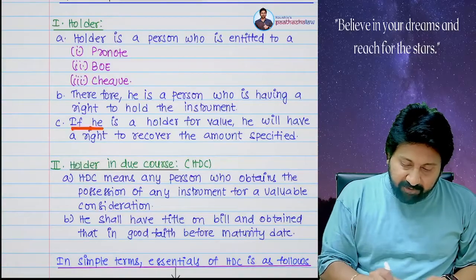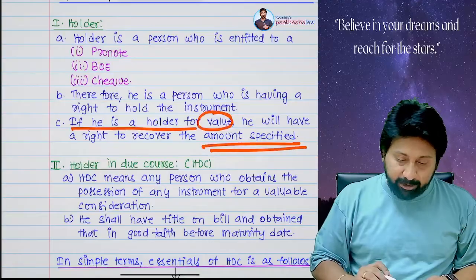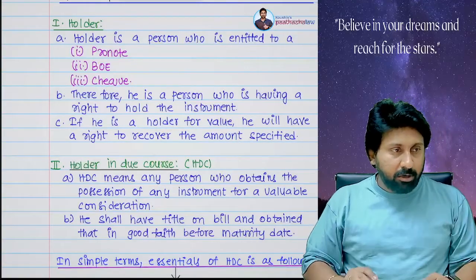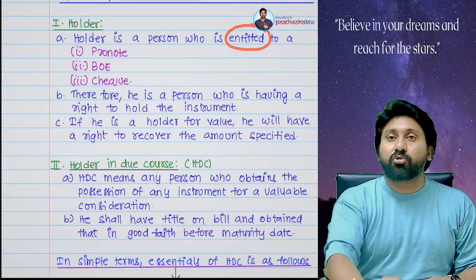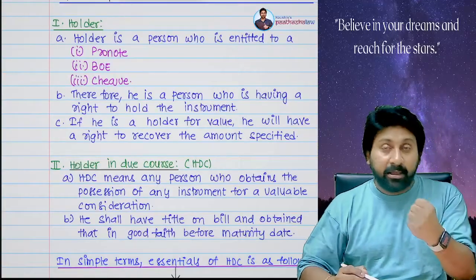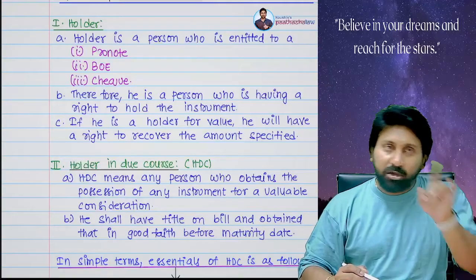If he is a holder for value, he will have the right to recover the amount specified. So first, to become a holder, what should be there? First, you should be entitled. You should have a right to hold that thing. Means if you steal from some person, you have no entitlement, so you are not a holder.